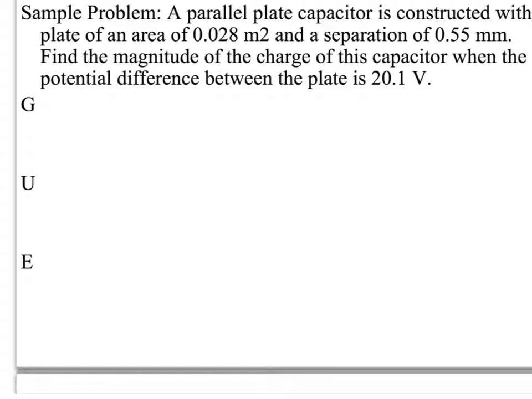A parallel plate capacitor is constructed with a plate area of 0.028 meters squared and a separation of 0.55 millimeters. Find the magnitude of the charge of this capacitor when the potential difference between the plates is 20.1 volts.